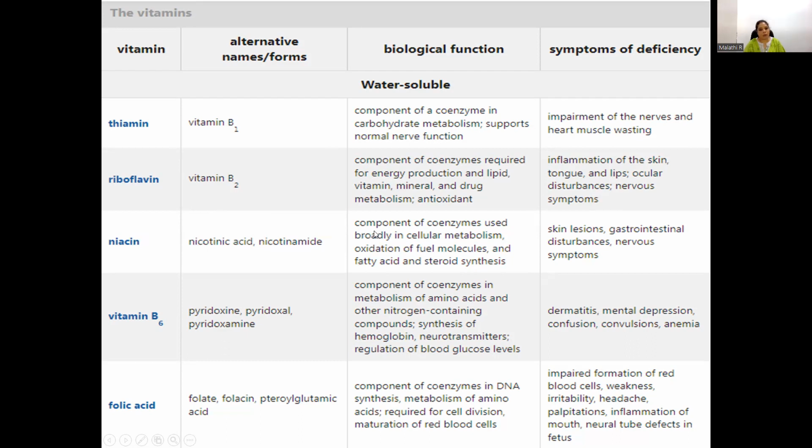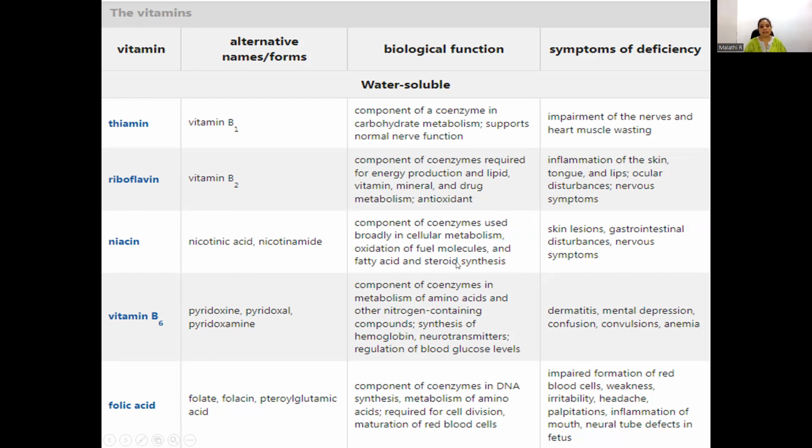The most important biological function of niacin is that it is a component of coenzymes used broadly in cellular metabolism. In metabolism, the enzymes require niacin as a coenzyme. It is also used for the oxidation of fuel molecules, which include lipids and glucose. For all those oxidative processes, niacin is used.